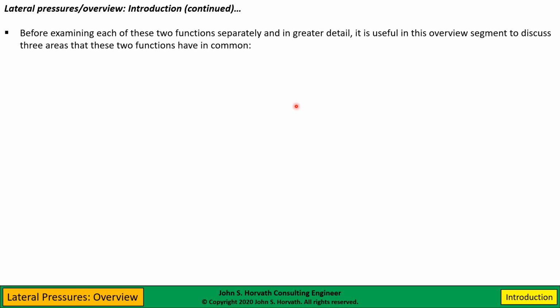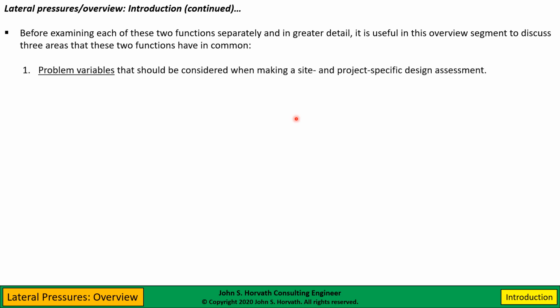Now, before I examine these two functions separately and in each of their separate segments, in this overview, I want to discuss three areas that these functions have in common. First, I want to talk about the problem variables that should be considered when you make a site and project specific design assessment.